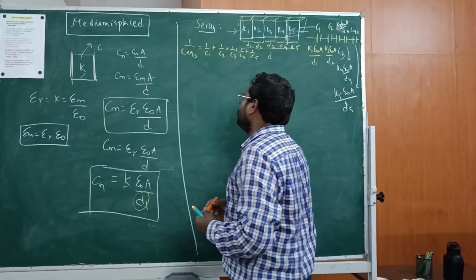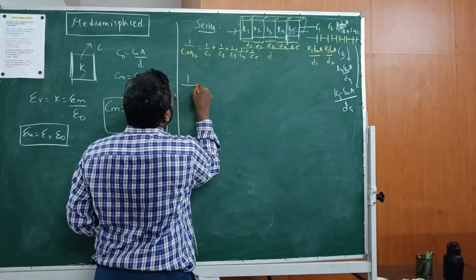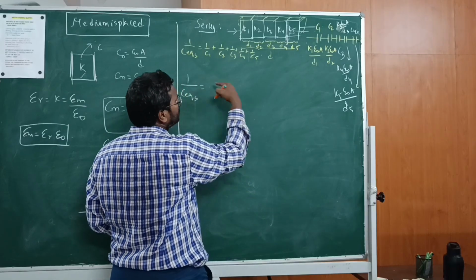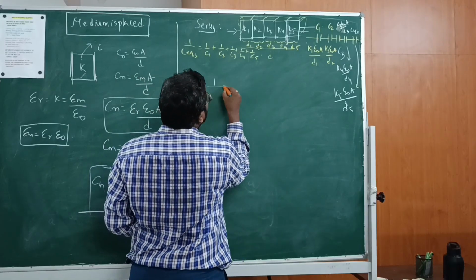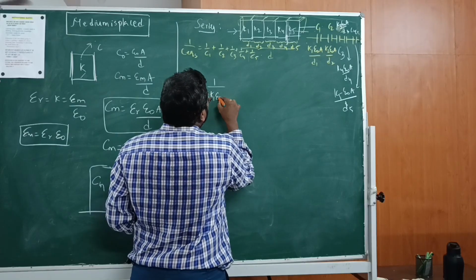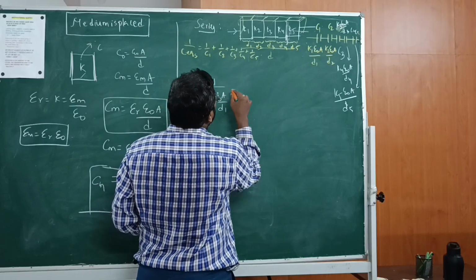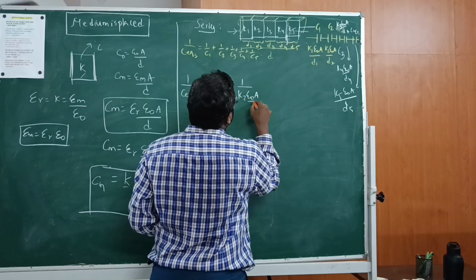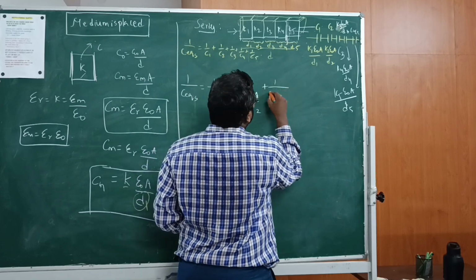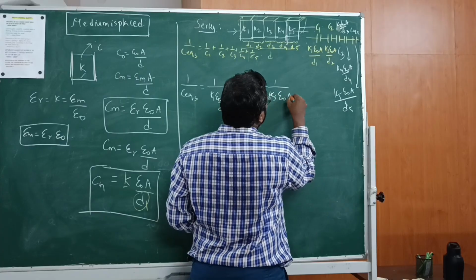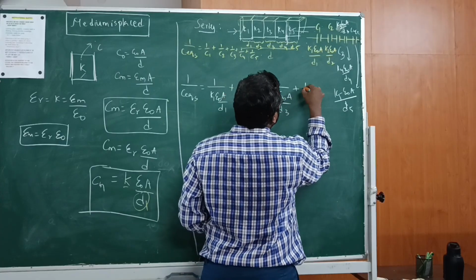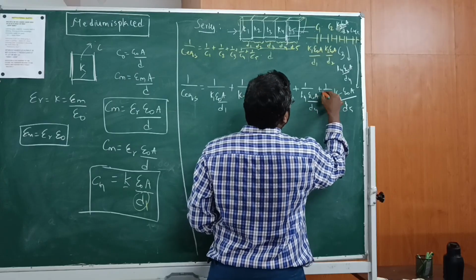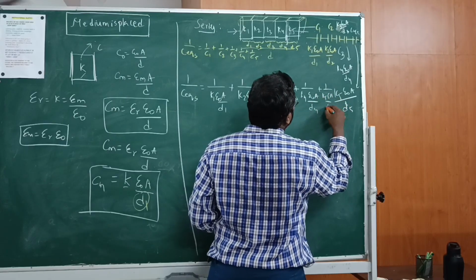So here 1 by C equivalent in series we can write as 1 by C1, which is 1 by K1 epsilon naught A by D1, plus 1 by K2 epsilon naught A by D2, plus 1 by K3 epsilon naught A by D3, plus 1 by K4 epsilon naught A by D4, and so on, plus 1 by K5 epsilon naught A by D5.